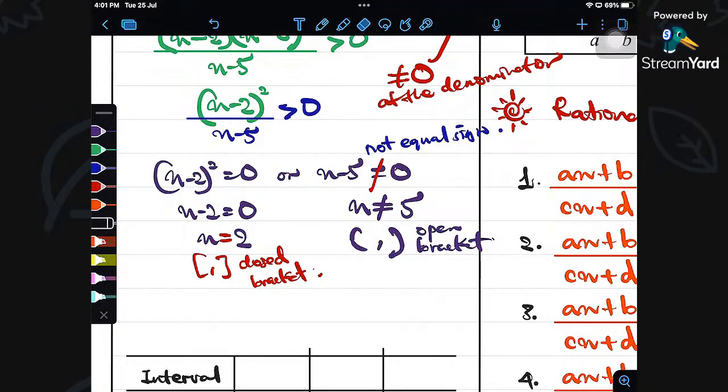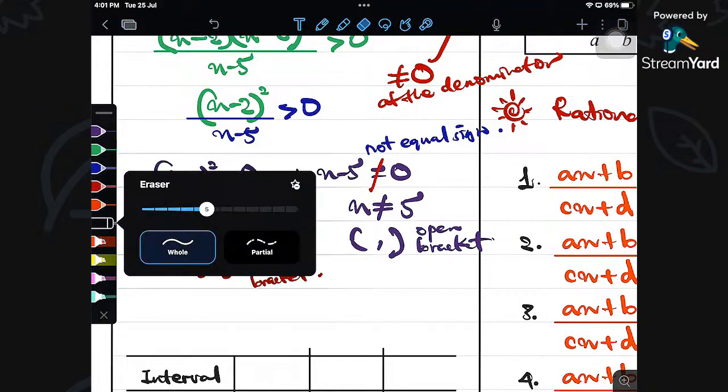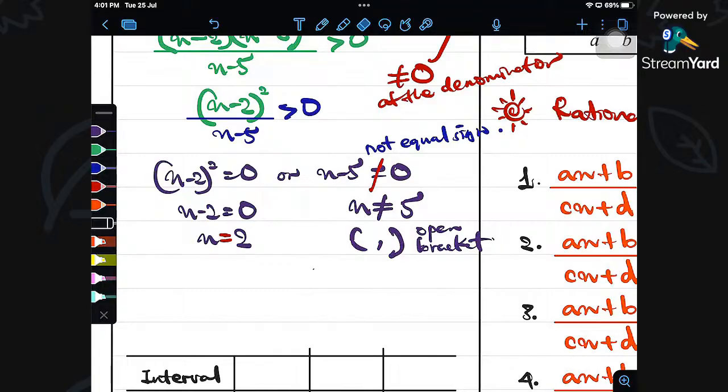But why do I say it's closed? Maybe I made some mistakes here. What is the mistake? The mistake here is it should not be closed. It should be open. It should be an open bracket as well. Why is it an open bracket?